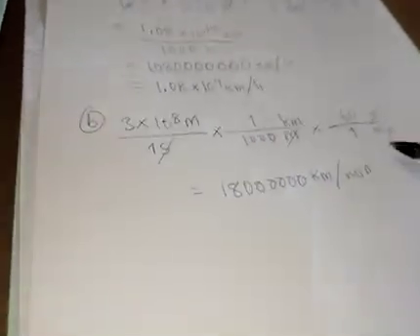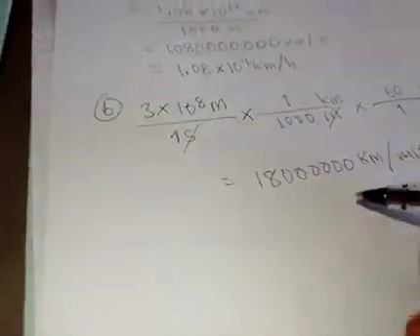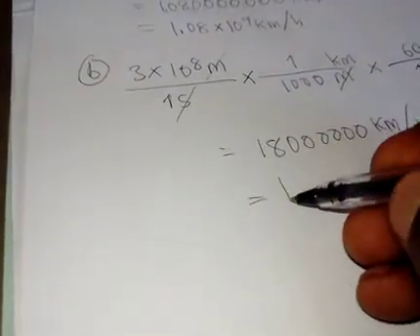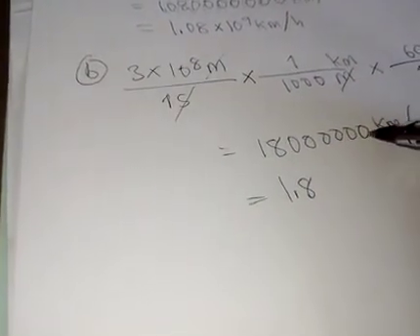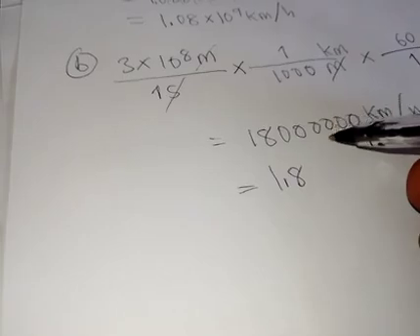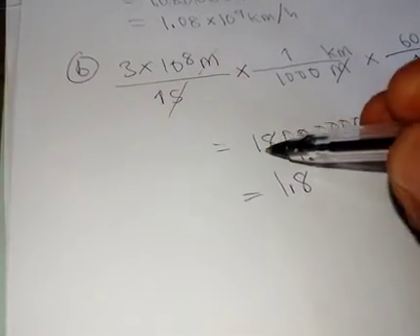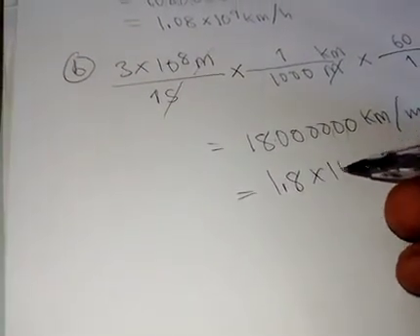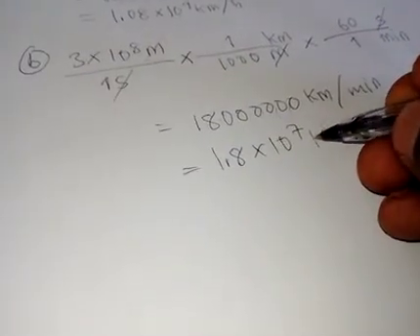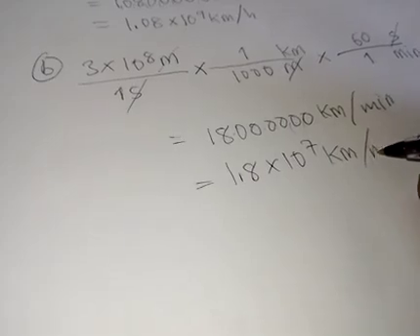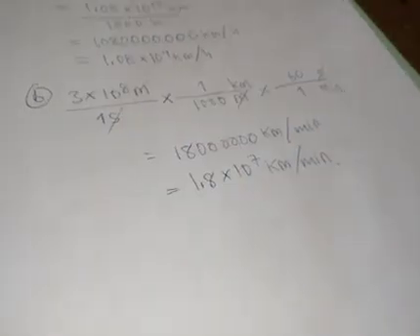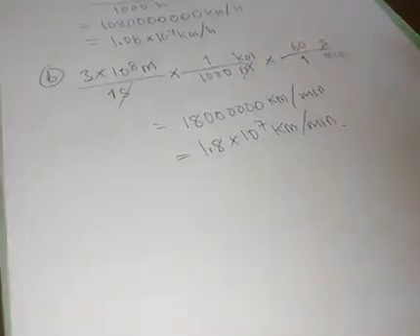If you want, you can write it in standard form. That is 1.8, then the decimal point should move how many times? 1, 2, 3, 4, 5, 6, 7 times, so 1.8 times 10 to the power 7 kilometers per minute. That's it.